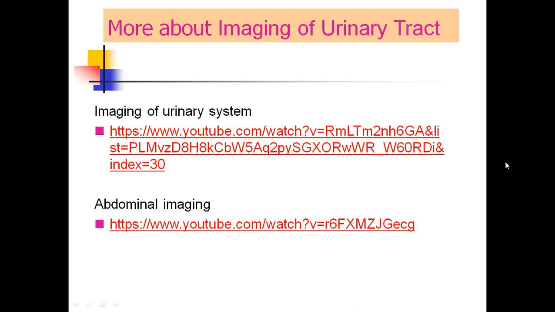To know more about imaging of the urinary tract, you will have a chance if you follow these links.